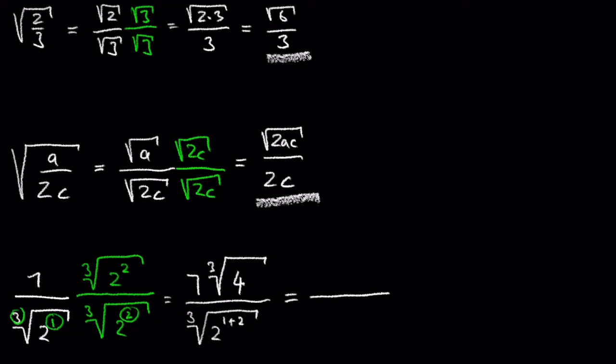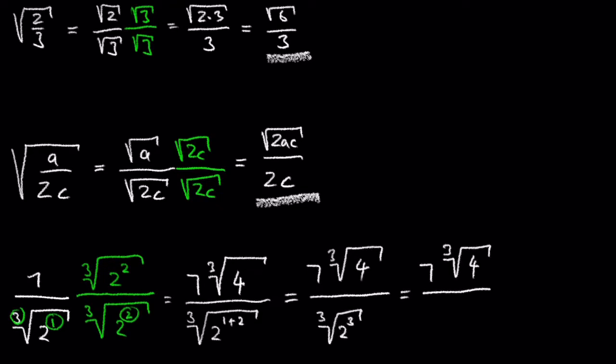So we get 7 times the third root of 4 over the third root of 2 to the 3, which is then 7 times the third root of 4 over 2.